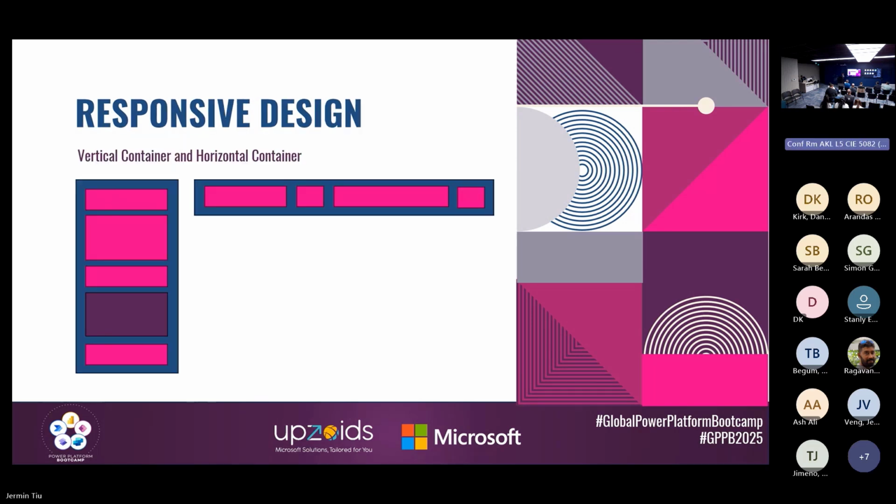So Power Apps gives us basically two tools for creating responsive design apps. We've got a vertical container, which aligns all its children vertically, and a horizontal container, which aligns everything horizontally. And combining these two containers, you can basically come up with a very responsive design.